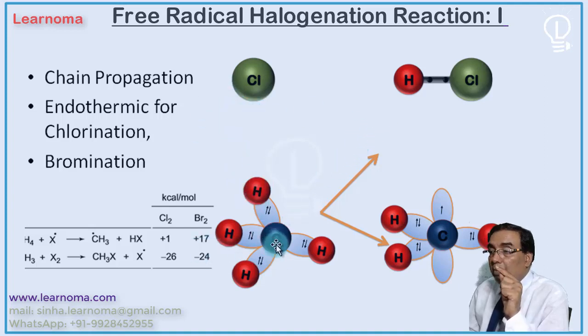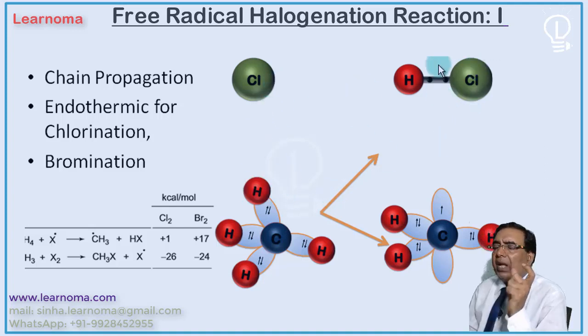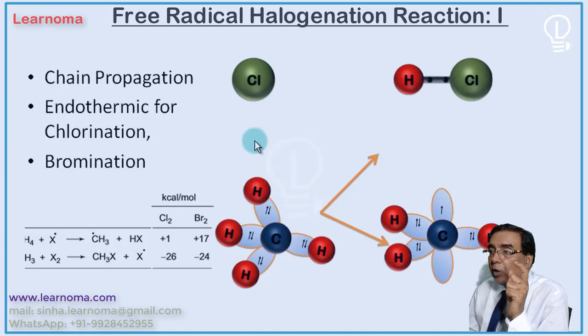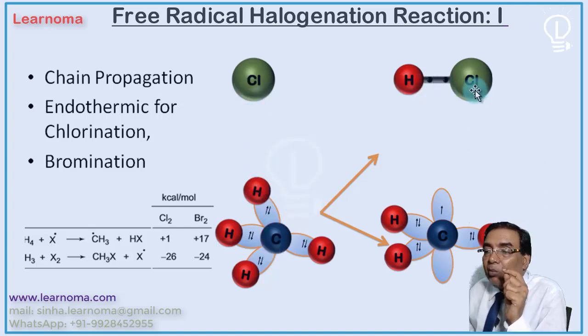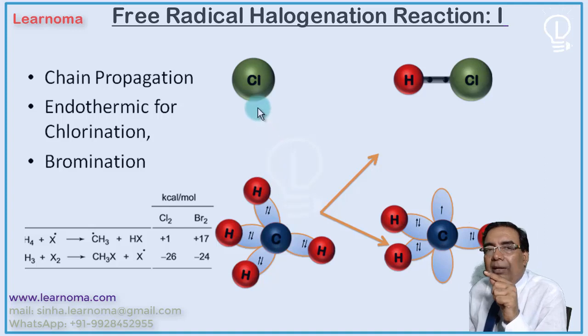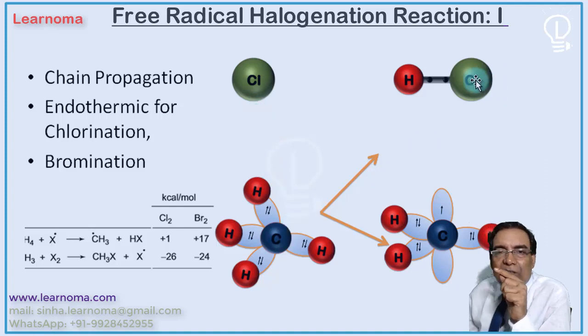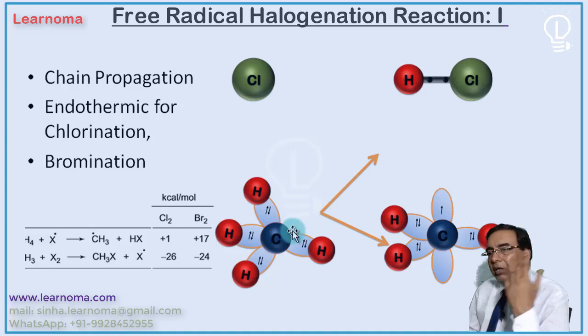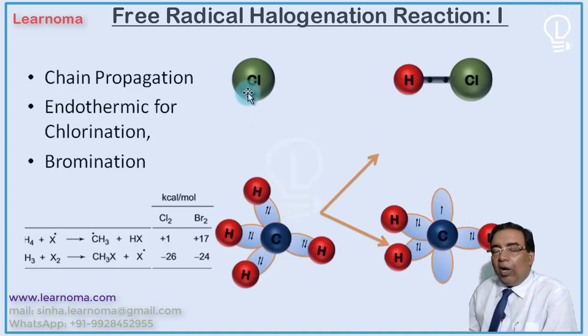The H-Br bond is not as stable as HCl, but the carbon-hydrogen bond is very stable. You are forming a less stable bond in comparison to a more stable bond, therefore you need energy. If you are forming a more stable bond in comparison to a less stable bond, the energy will be released. See, what is happening here?